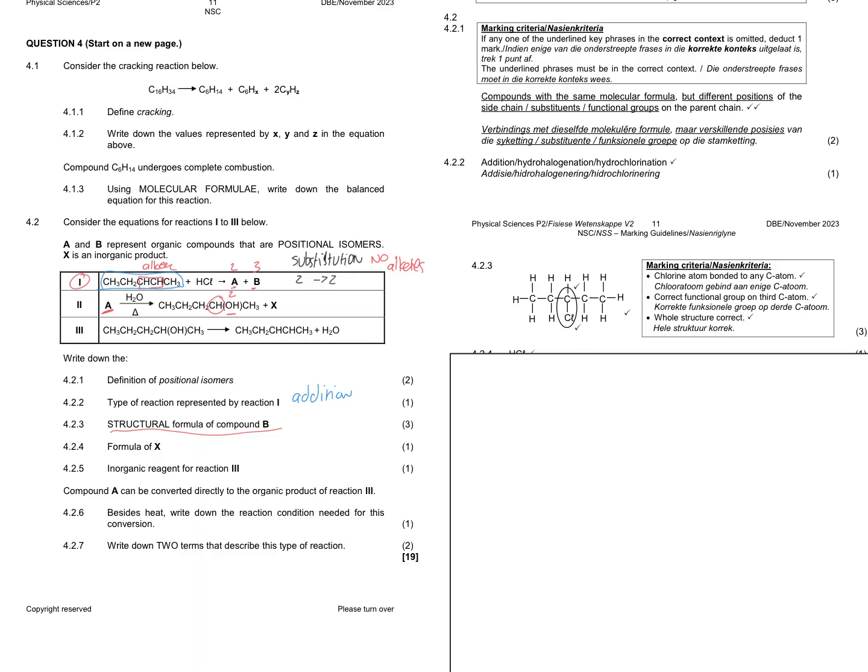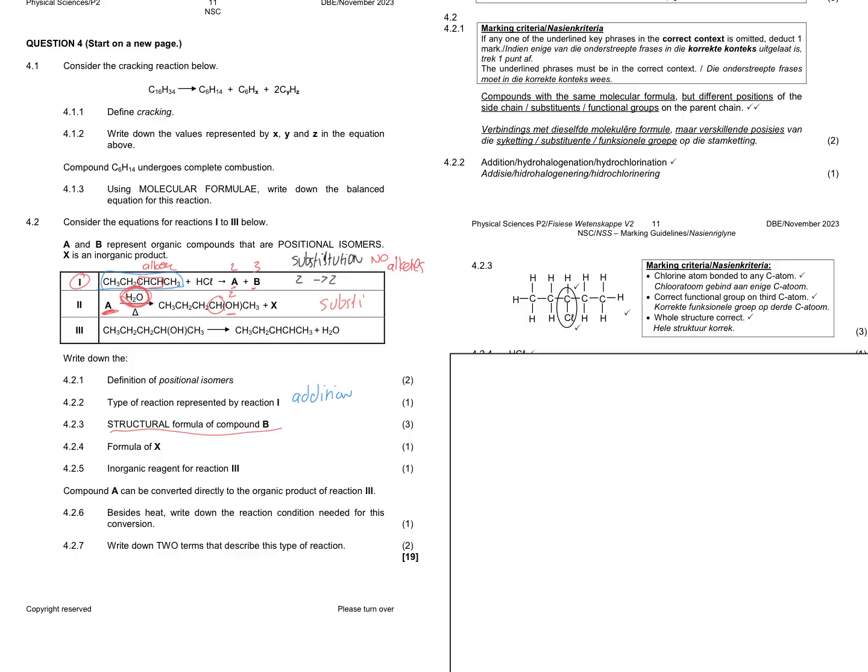Then for 4.2.4, they want to know what is X. So A was 2-chloropentane, 5 carbons with a chlorine on the second one. Now we added water, and here also they're being sneaky. They're making it look like there's one reactant, but strictly there's 2 because water was added as well. This is a substitution reaction. This is hydrolysis.